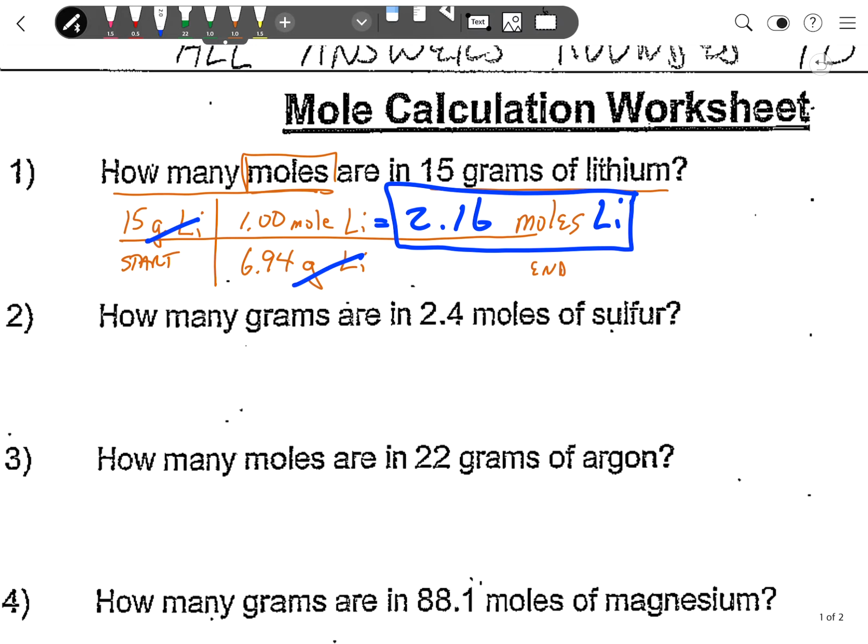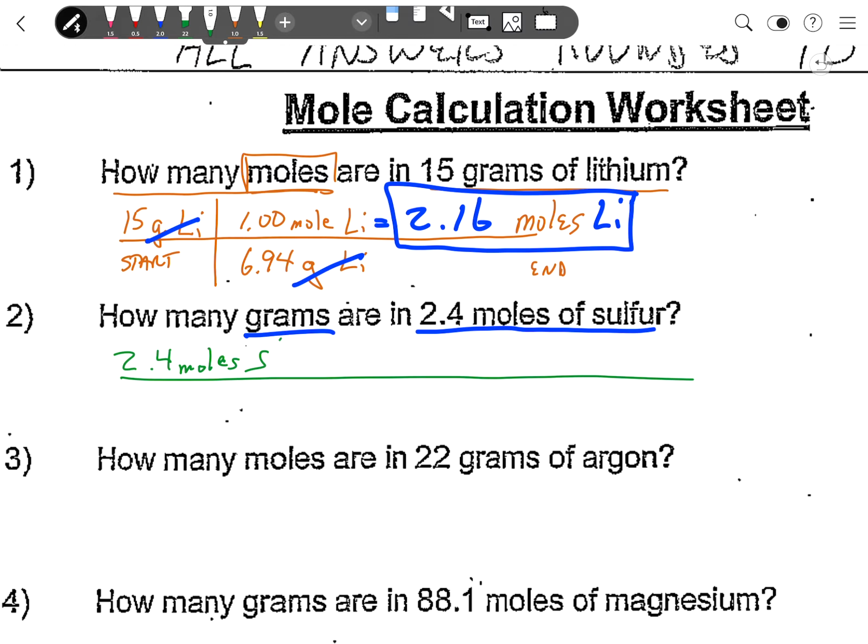Another one is the second problem here. We are starting with 2.4 moles of sulfur, and we're asked to find how many grams there are in 2.4 moles of sulfur. So let's write down what we know, 2.4 moles of sulfur, draw railroad tracks, and write what we're trying to find, grams of sulfur.